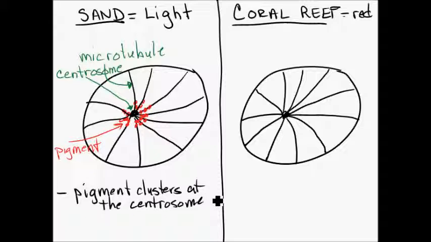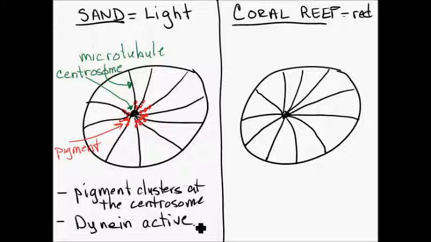And secondly, of the two motors, the plus end directed motor, which is kinesin, or the minus end directed motor, which is dynein, which one should be active? It's the dynein, not the kinesin. So the dynein is the active motor, and that causes the pigment to be clustered towards the centrosome.